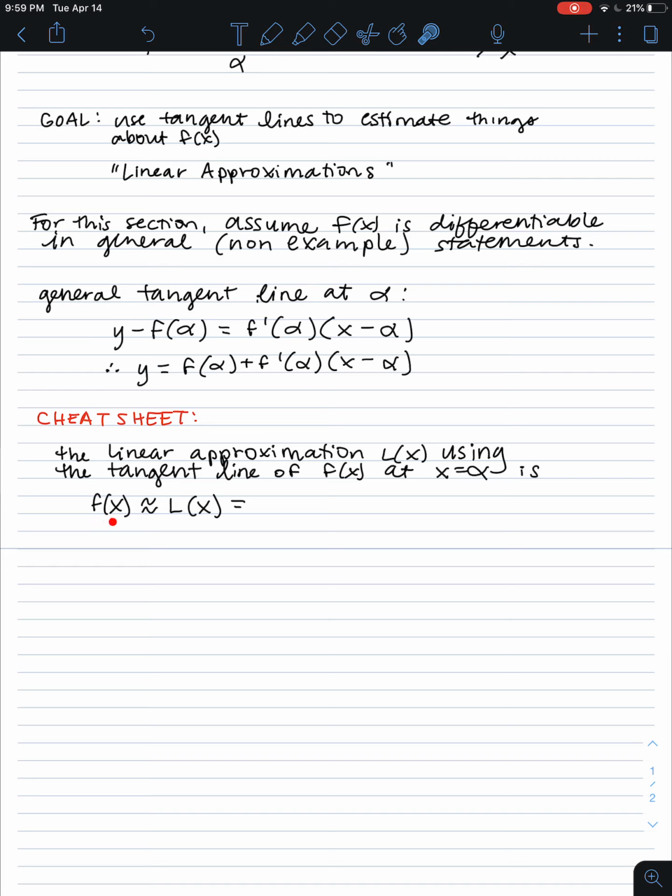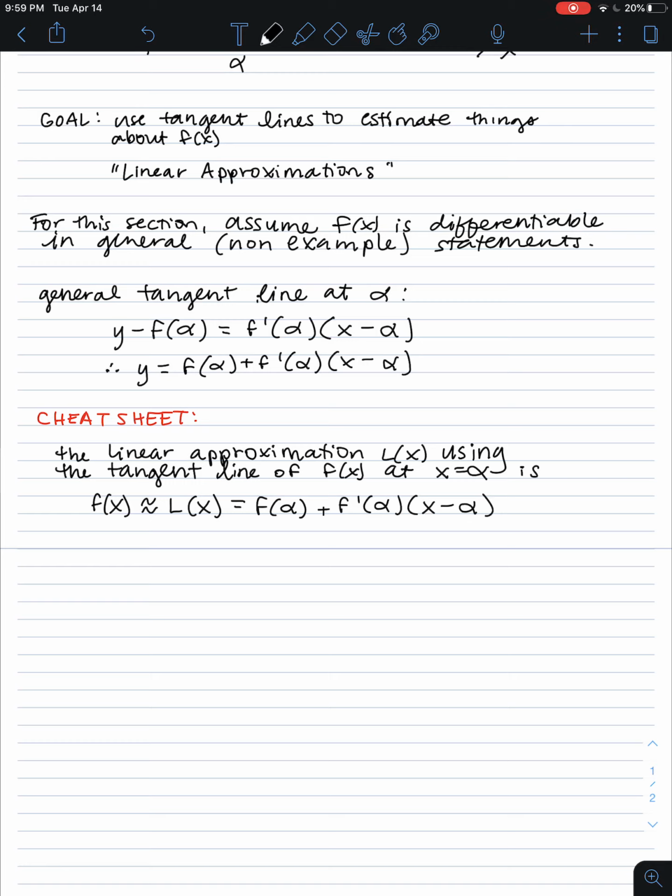I have my actual curve, and I'm approximating it using my tangent function. So I have f of x is approximated by L of x, which we're just calling our linear approximation. That's just the symbol we're going to be using for it. And L of x is equal to exactly what we had y equal to up here. So f of alpha plus f prime of alpha times x minus alpha. Okay?